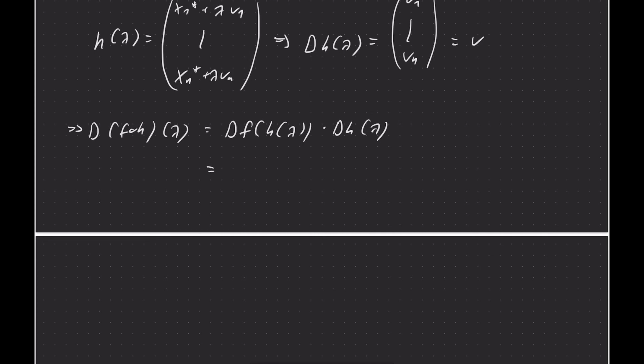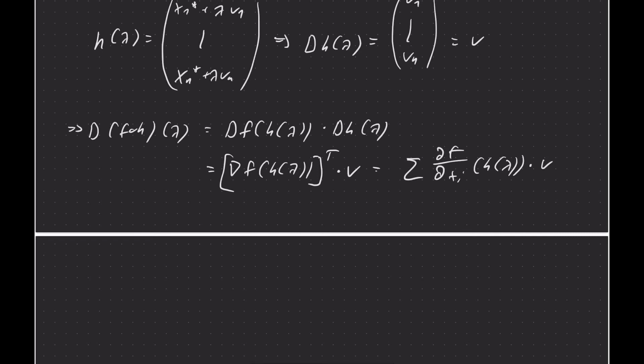That differential of f, well, that's just the gradient at h of lambda, and of course we need to transpose the gradient. And the differential of h, we've just seen that's v. So in other words, what we get here is the partial derivatives df dxi at h of lambda times vi, and then sum this up over all coordinates from 1 to n.